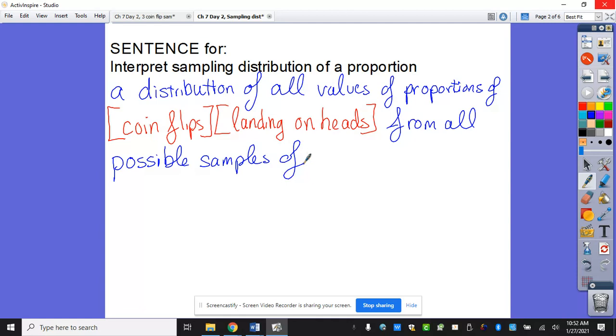And part of it you said, and I just didn't write yet. What were we doing? How many? So that is your fill in the blank thing when we're dealing with proportion.